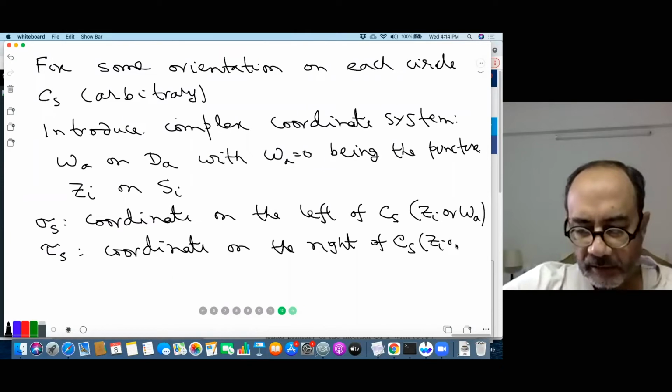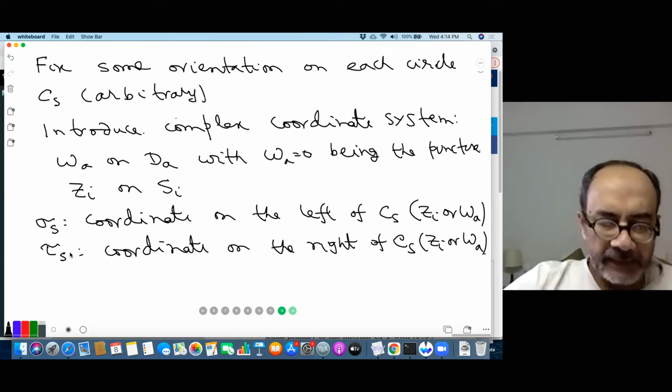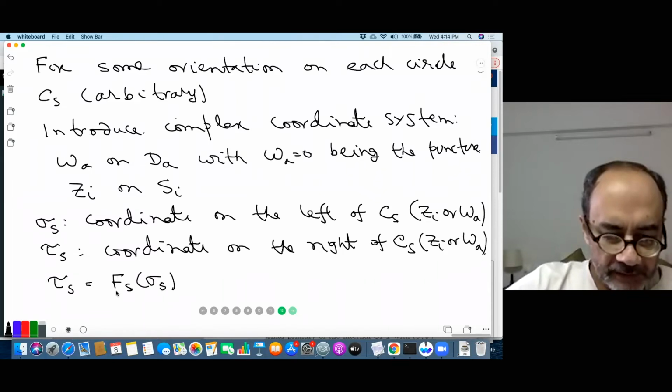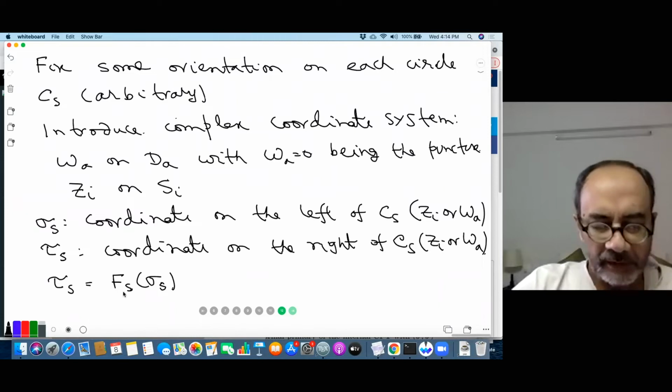In general, specifying the Riemann surface means specifying the relationship between sigma s and tau s. So tau s is equal to Fs of sigma s. This is what we call the transition function, as you go from one coordinate patch to the next.